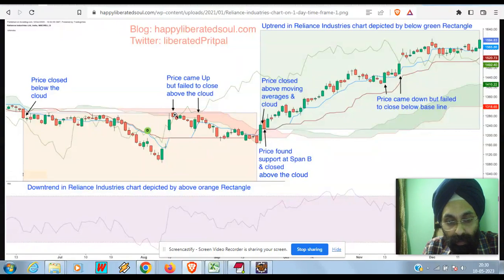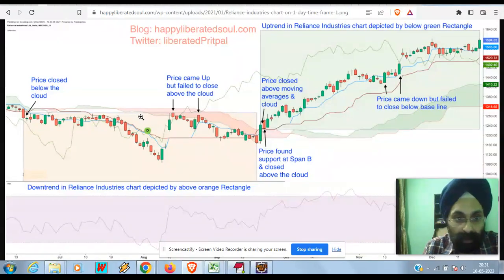And despite this rise, the price went low again, and from here to here, it kept going low because the cloud was acting as a resistance. So this was one depiction of a downtrend in a stock through the Ichimoku cloud.